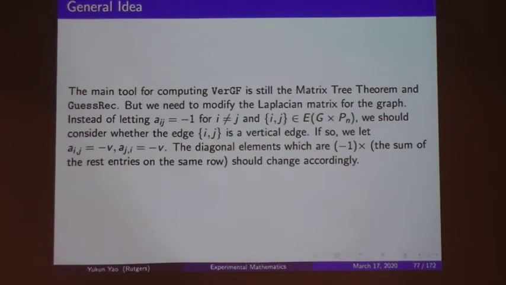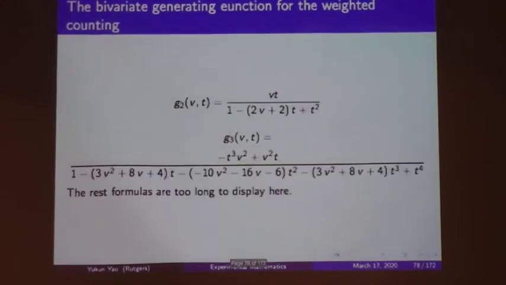It's very similar. The general idea is that we need to replace some -1 in the Laplacian matrix by -v. Then we recalculate the diagonal elements. So here are some bivariate generating functions.